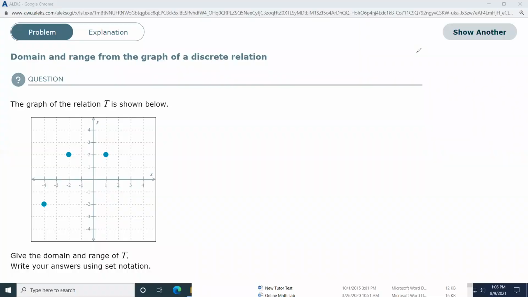Now let's get back to domain and range. The domain is all of the x's that are being used, like -4 and -2 and 1. And that's how we do it.